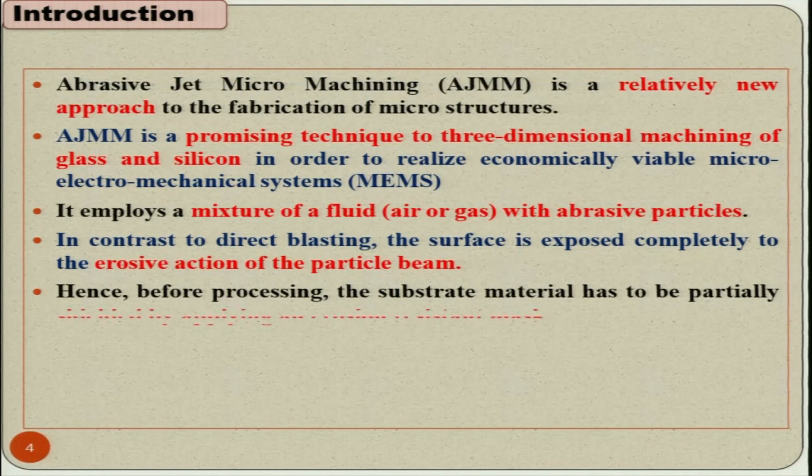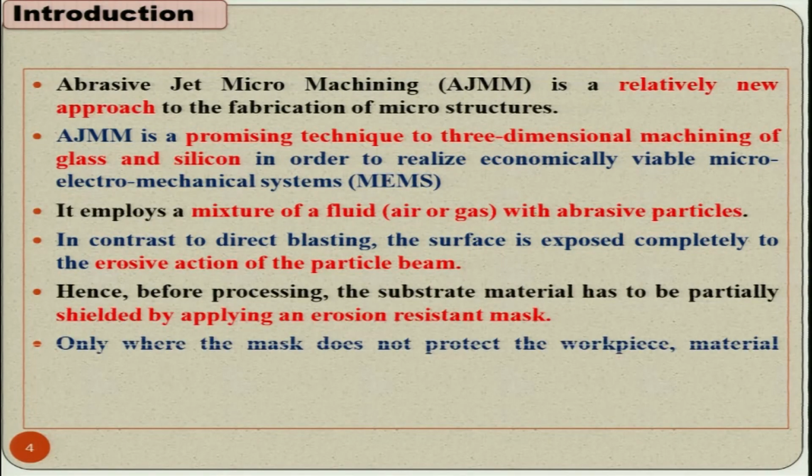Hence, before processing, the substrate material has to be partially shielded by applying an erosion resistant mask. We will see the details of different types of masks that are used in abrasive jet micromachining, how to prepare them and so on. Only where the mask does not protect the workpiece, material removal will take place.